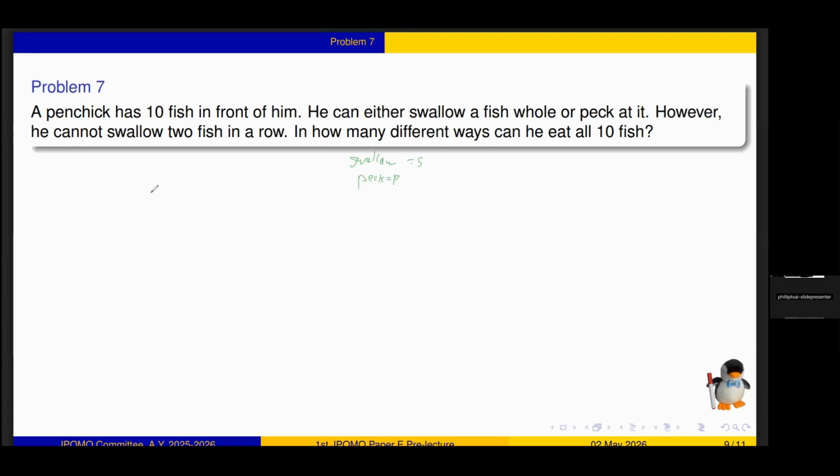So let's say you have some sequence here, something, something, something, and let's say you end with the Penchick swallowing. What must the next term be if the Penchick just swallowed a fish?